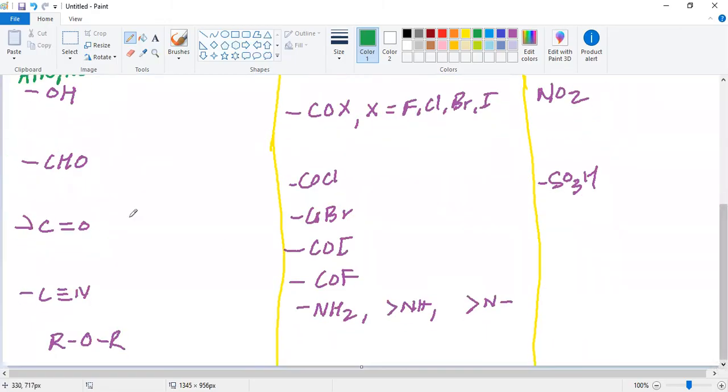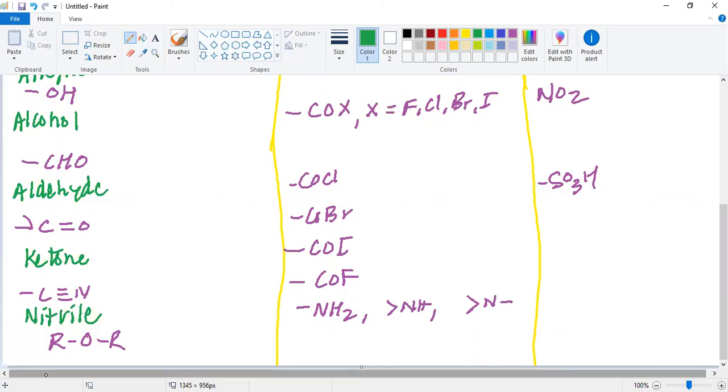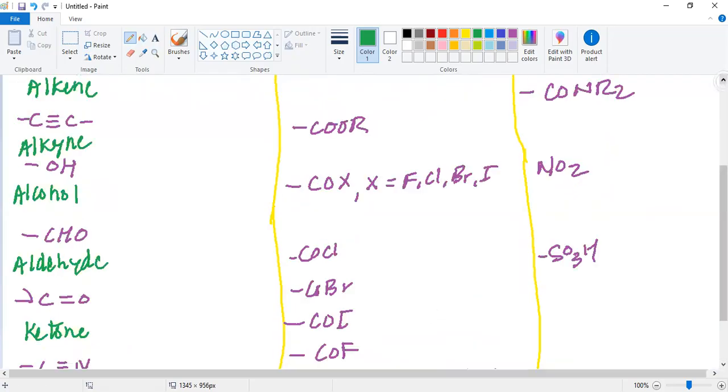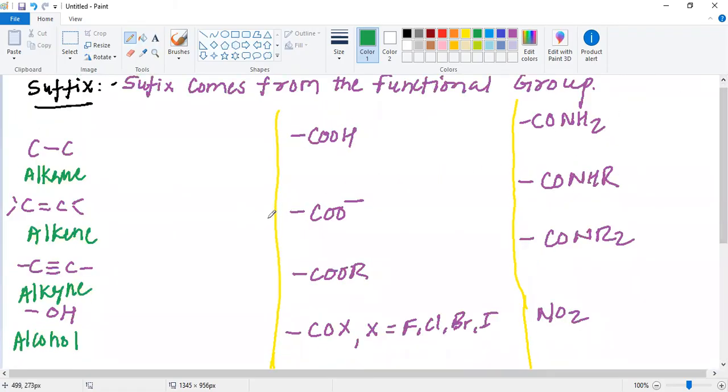Then we may have alcohol, then aldehyde, then ketone, then nitrile. Then we may have ethers, my dear students. Then we can study about the carboxylic acid.